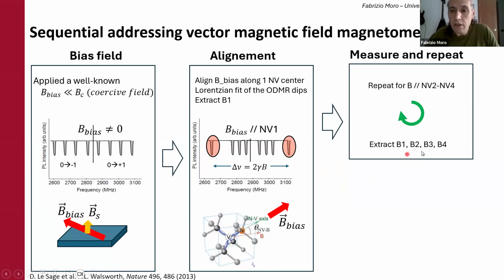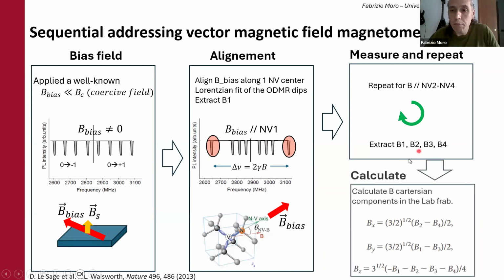And then once we have these four components, you can mathematically calculate the magnetic field components of the sample along the X and Y directions of the laboratory frame. The downside of this sequential addressing is that it is a slow method, because every time we have to align the bias field along each orientation.